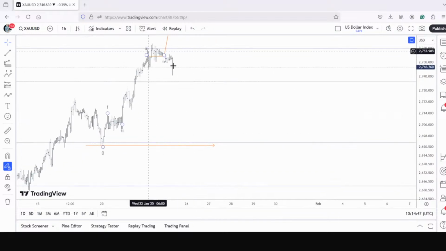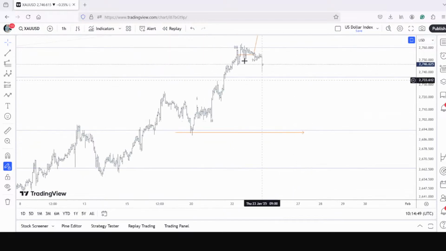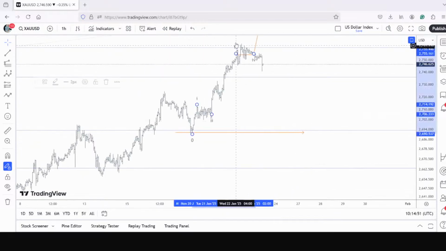If you look at the wave count here, that is wave 3, correct? And then we were expecting a wave 4, A, B, and C, if you remember what we discussed last time, and it should unfold as 1, 2, 3, 4, and 5. So now we have got 1, 2, 3, 4, and 5.